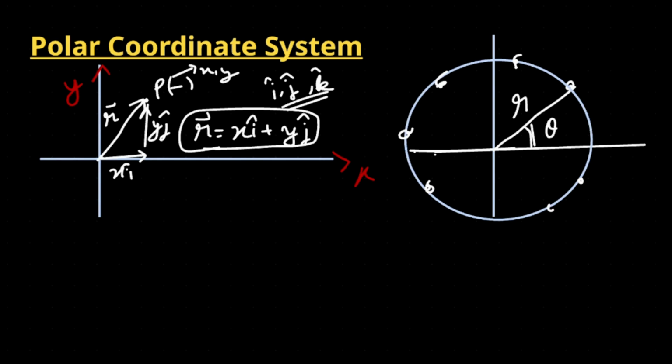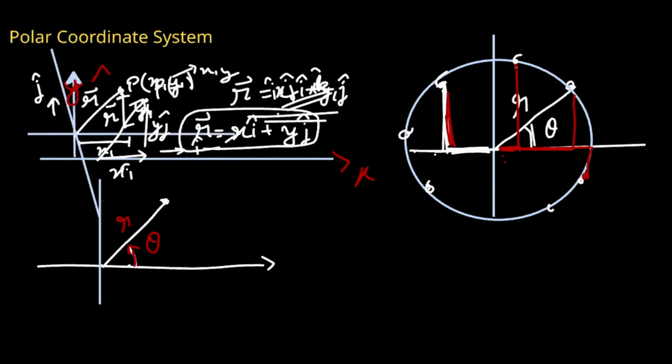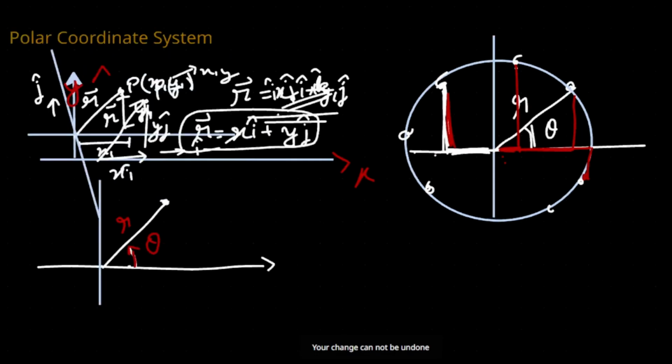You need to go to x like that, and then you need to go to y like that. First move to x, then move to y, and then if you want to reach here, you have to move to x, then y. So these are very tedious and difficult things. So people thought, why on earth even do that? Right?